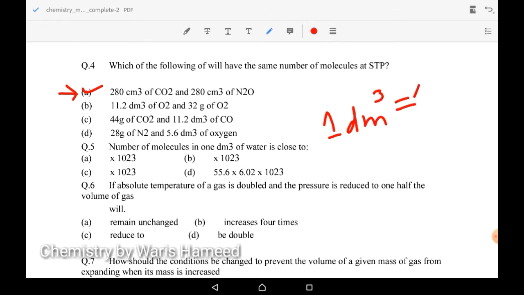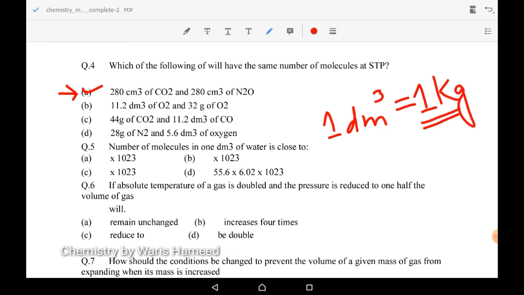When we find the number of moles of water in 1 kilogram, the answer is 55.6 moles. And we know that 1 mole has Avogadro's number of molecules, so the correct option is D: 55.6 multiplied by 6.02 multiplied by 10 to the power 23.